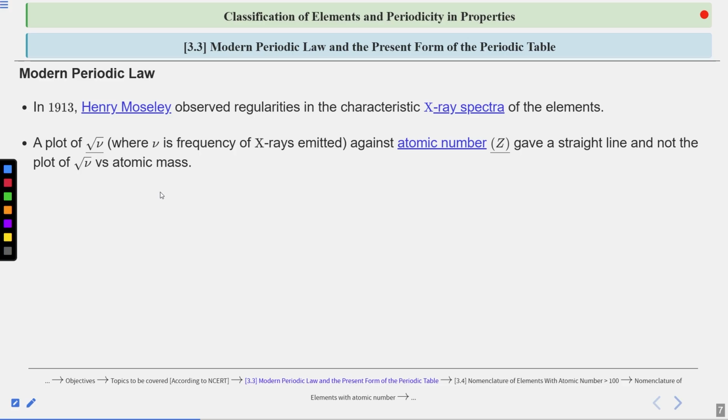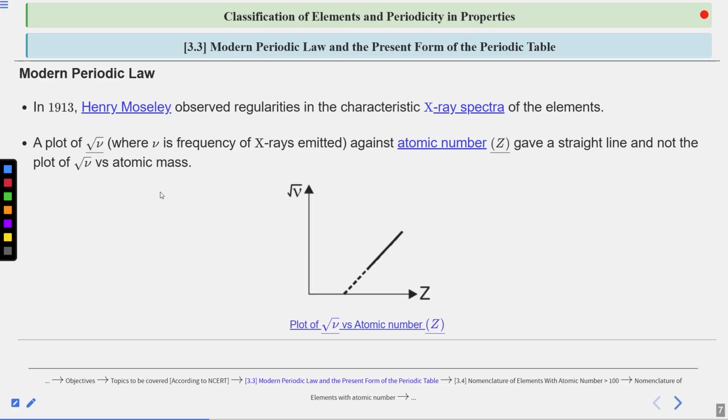He took the root of that frequency and plotted it against the atomic number and got this graph. You can see that as the atomic number increases, the emitted light has a greater frequency. So the root of the frequency is increasing with increasing atomic number. This plot clearly shows it.